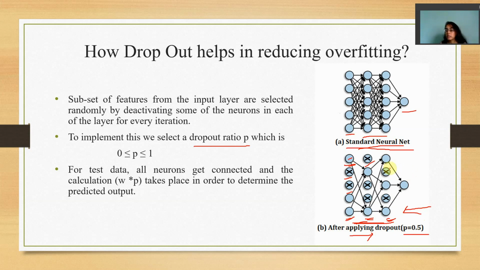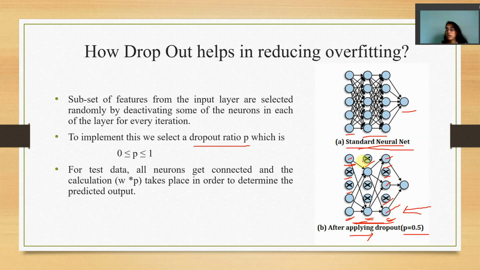Suppose in hidden layer 2, you can see that only the first neuron, the third neuron, and the fifth neuron are activated, right? So only the weights for those 3 neurons in the hidden layer will be updated, and the weights for the remaining 2 neurons which are deactivated, that is the second neuron and the fourth neuron, will not be updated.